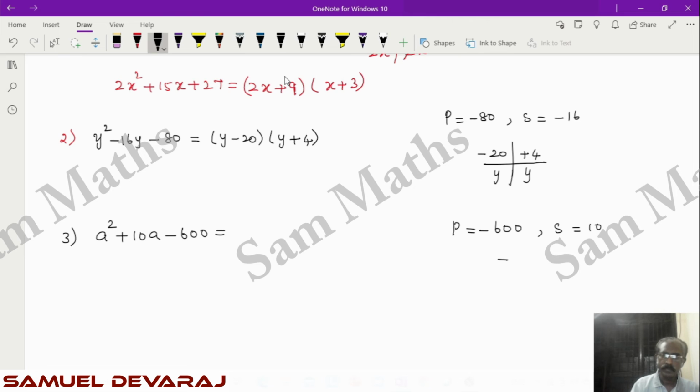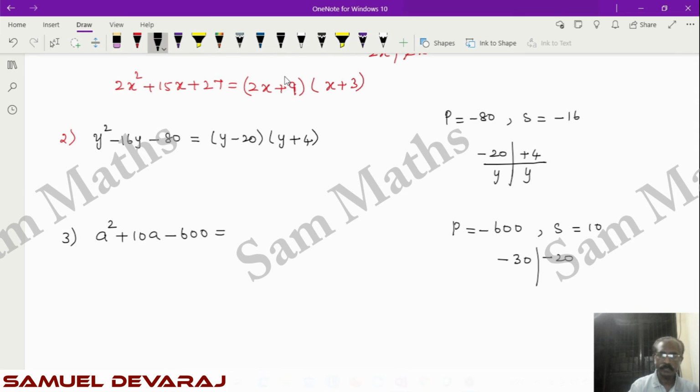Minus 30 and plus 20. You take the product, it becomes minus 600. You add that, it becomes minus 10. So it should be in other form. So you should be very careful.